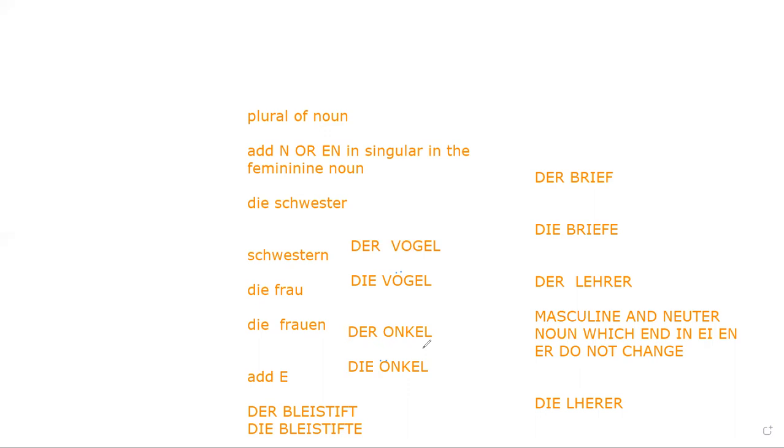Clear, bacha? Now, understand this carefully, team. Very important case. If we have a noun which contains a, o, u, pen down please, that changes into an umlaut.